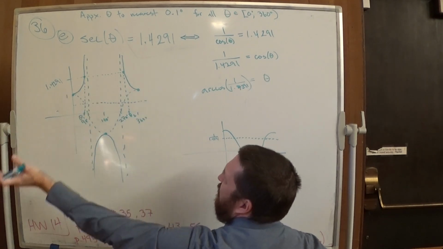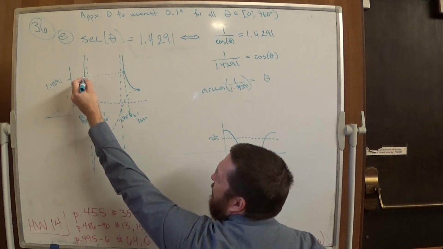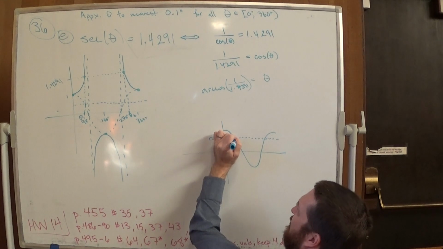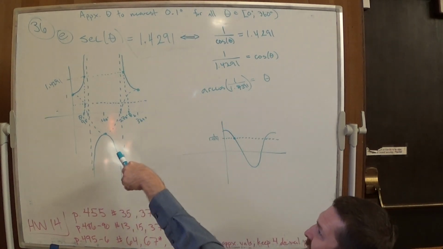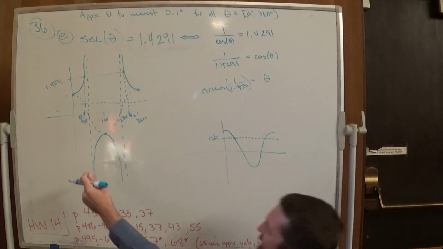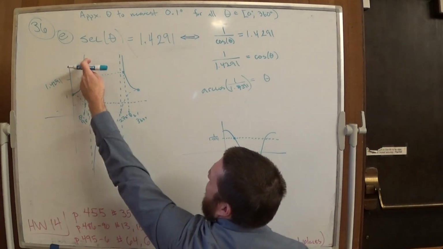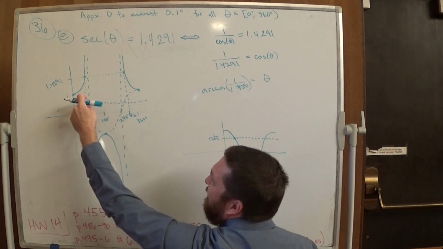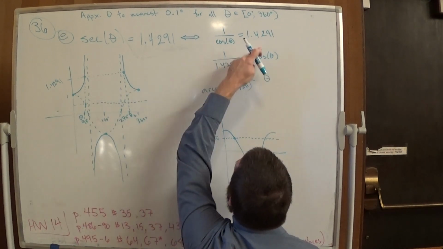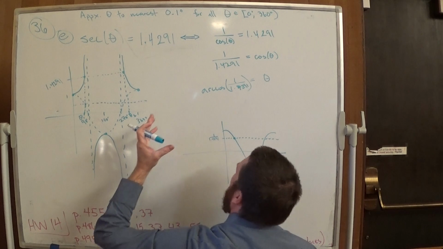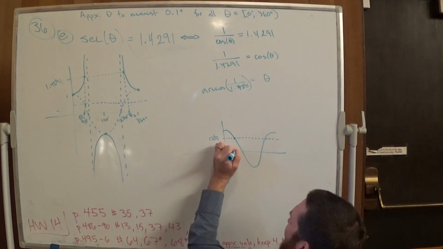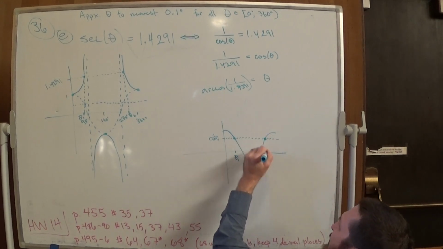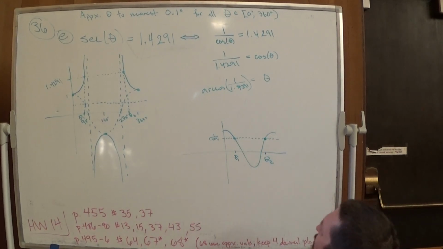I'm not saying that very well, but you see what I mean, right? This is the same place right here. If you take 1.4291, that's secant. It's the same places it would be. This is the same theta 1 right here. This is the same theta 2 right here.